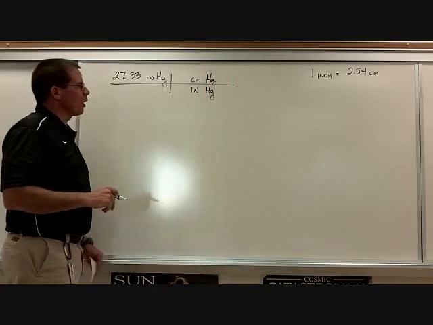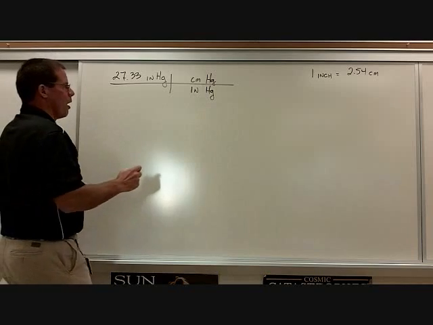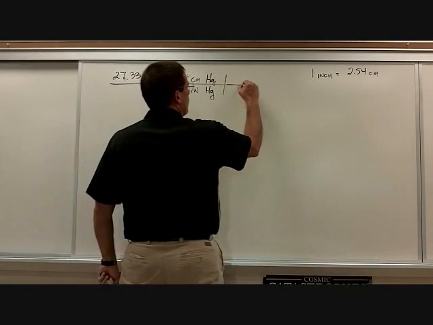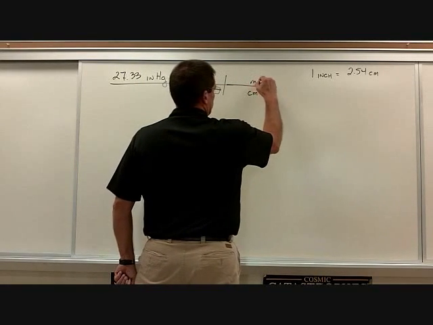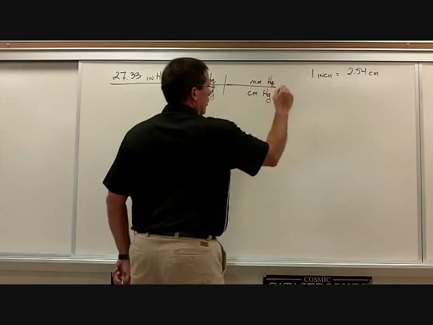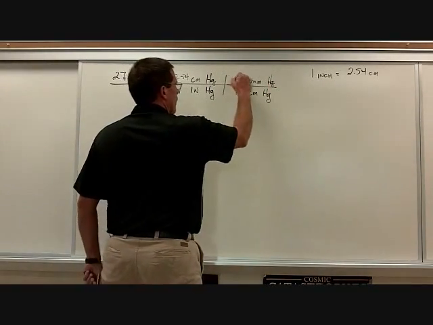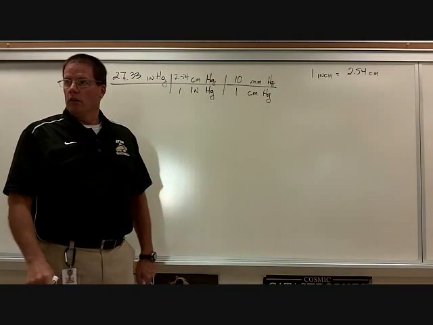Okay, so we can convert the inches into centimeters. Now that mercury at the end tells us that we're looking at a pressure, if you were to make a barometer. So 2.54, and then we want to convert the centimeters to millimeters. Which one's bigger, centimeter or millimeter? Centimeter. So we give it the 1, and how many millimeters in a centimeter? 10? Good.